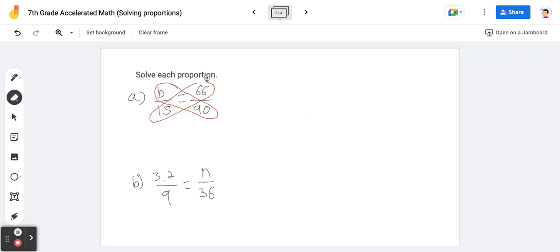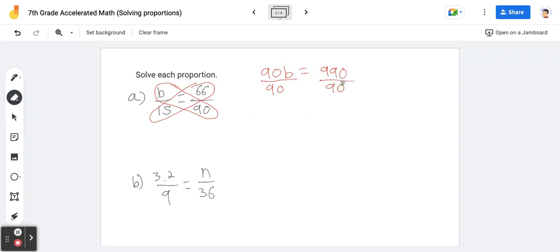So let's go first. B times 90 is 90B, which is equal to 15 times 66, which I'll break my calculator out for. 15 times 66 is 990. In order for me to solve for B, I need to divide both sides by 90.